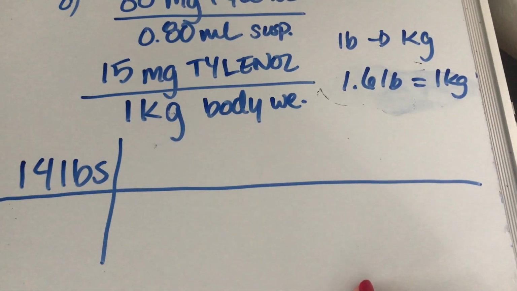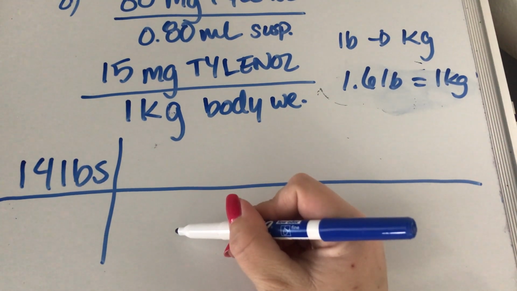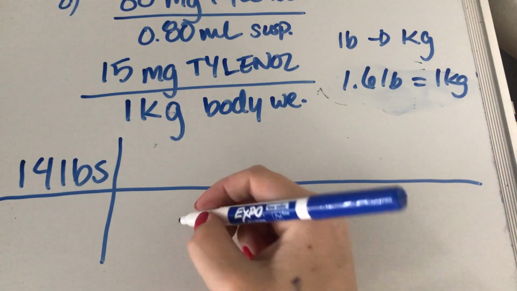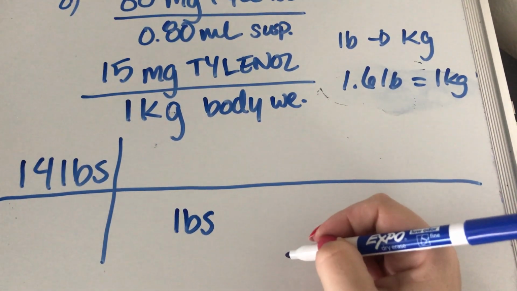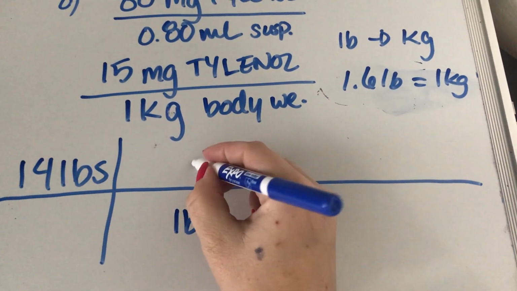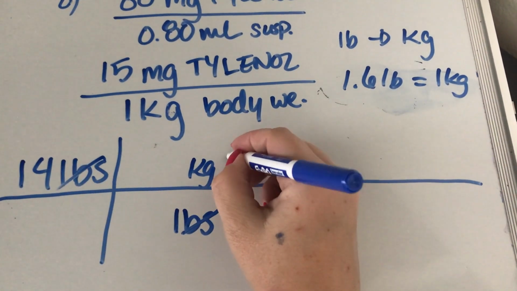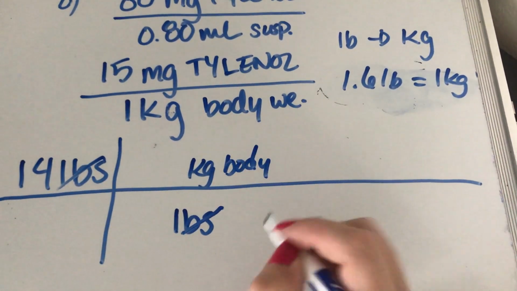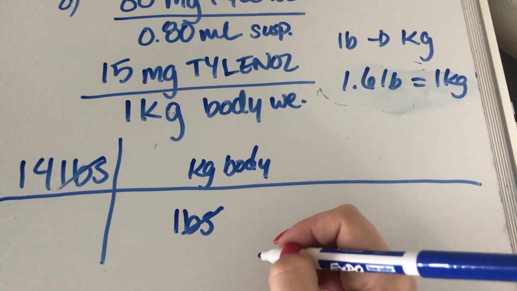So, what unit needs to go on the bottom here? LBs, right? What unit's going to go on top? Kilograms. And specifically, I'm going to put body next to this to remind me that that's kilograms of body weight, right?